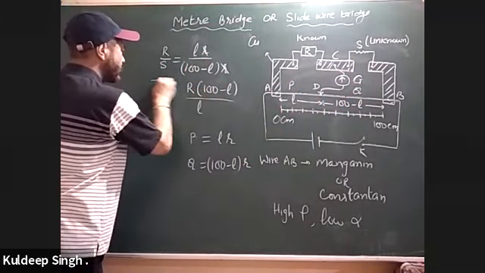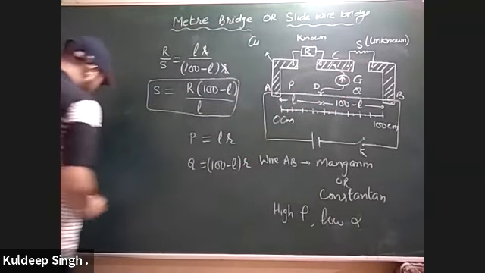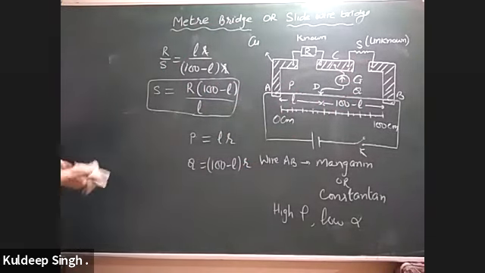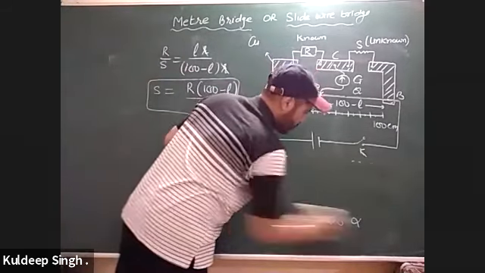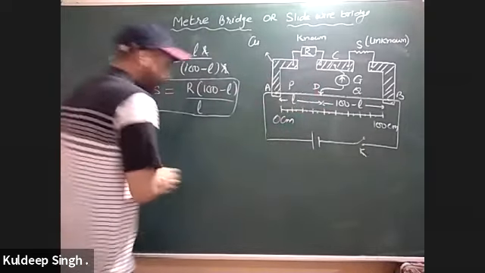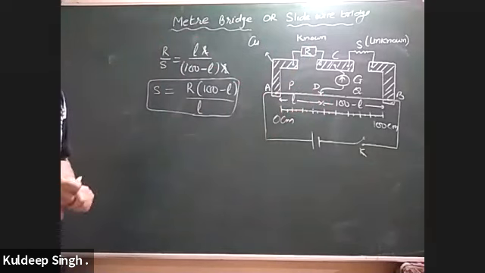So this formula is used in almost every numerical that you do on the meter bridge. So once you know the resistance of the unknown wire or unknown resistance S, then you can also find out its resistivity.